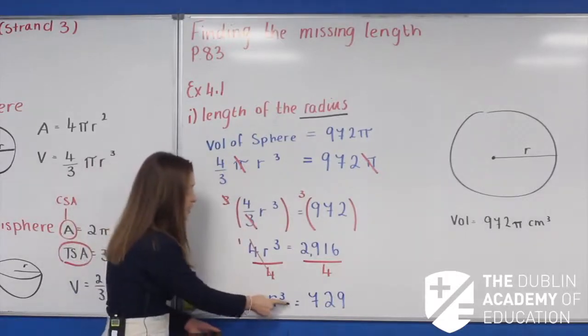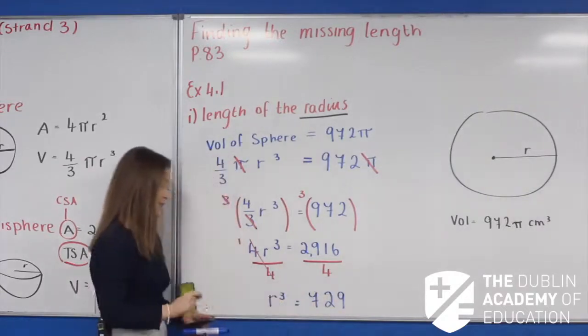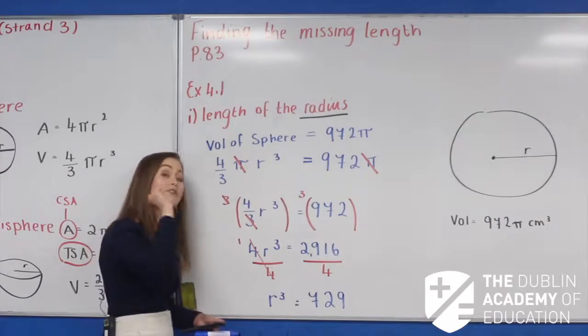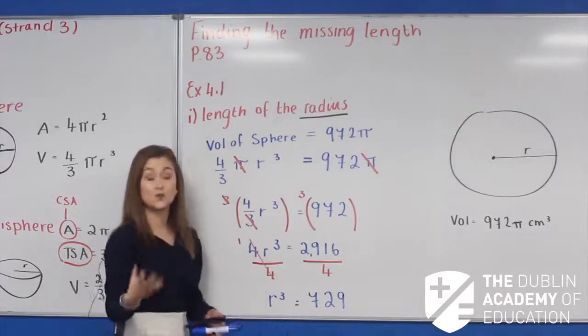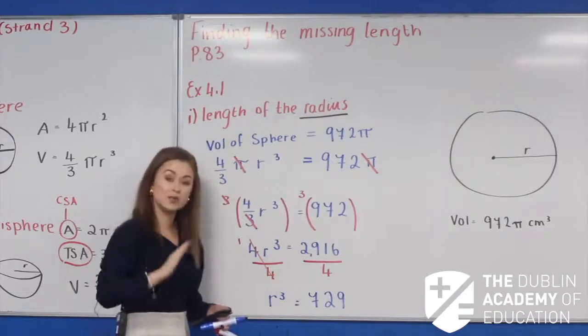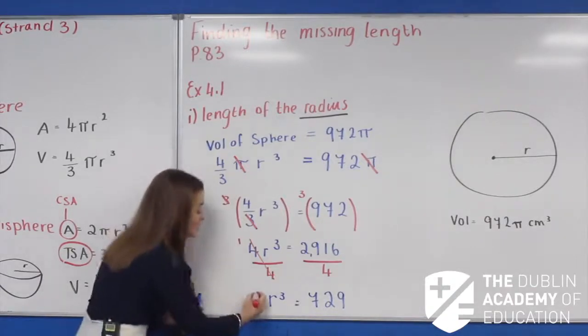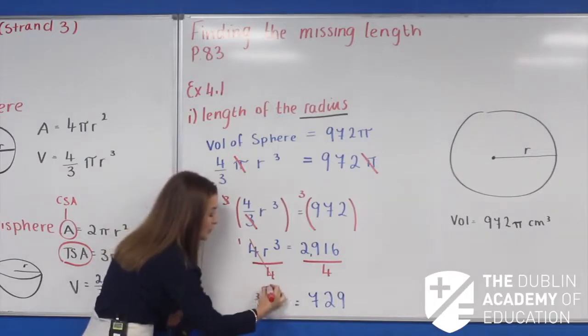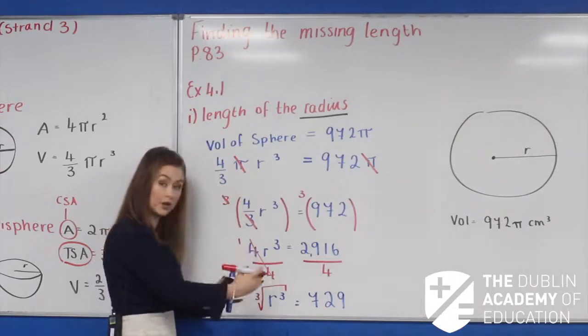Now, the last step here. r cubed is equal to 729. When we have r cubed, similar to if we had r squared, how do we get rid of that cubed? Well, the opposite to cubed is the cube root. So I'm going to find the cube root of r cubed.